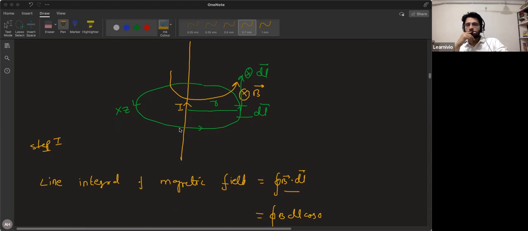Can I scroll it? No, sir. See, both dl and the magnetic field of your wire are in the same direction. Both are in the same direction.